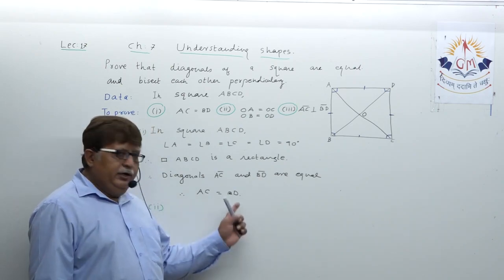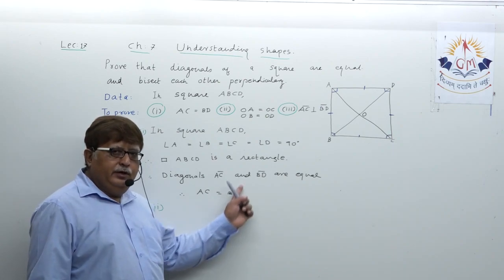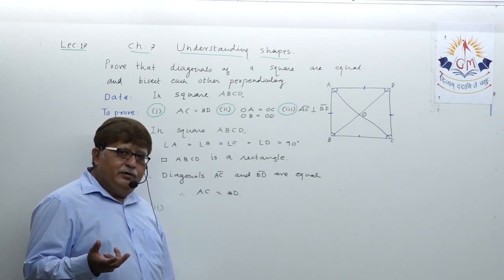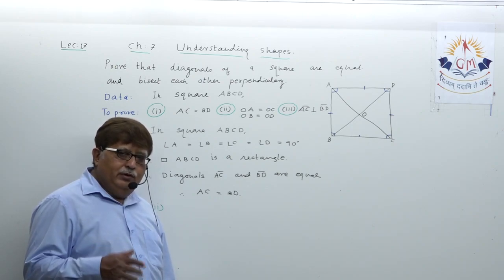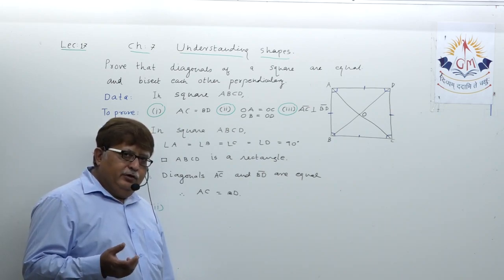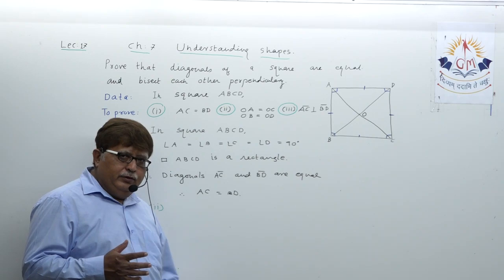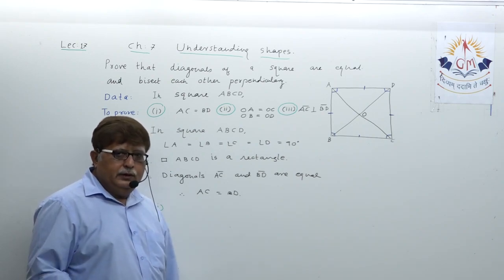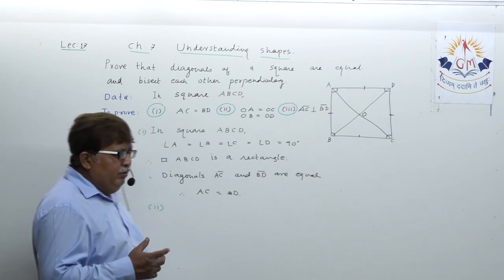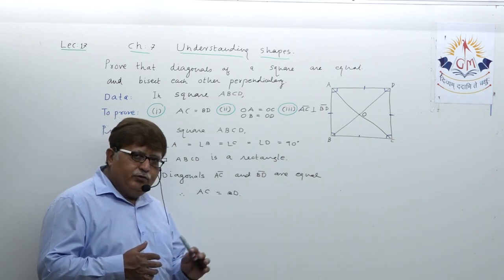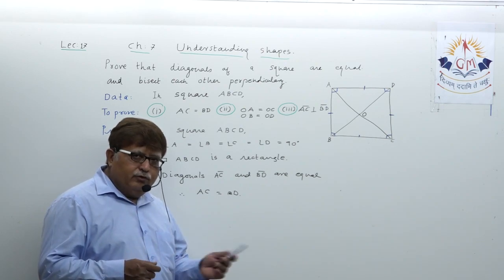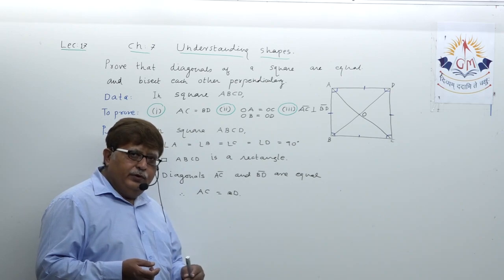Otherwise, when you prove that it is a rectangle, that means diagonals bisect each other has already been proved. You do not have to prove it separately, but just to make your concept stronger, we are moving on to ascertain that a square is in fact also a parallelogram.